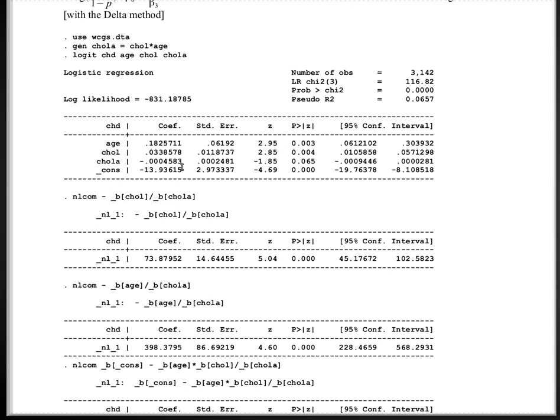Both cholesterol and age, when we take the product, give us large numbers. You could make the case for some centering and scaling here to aid in making the values not so tiny.